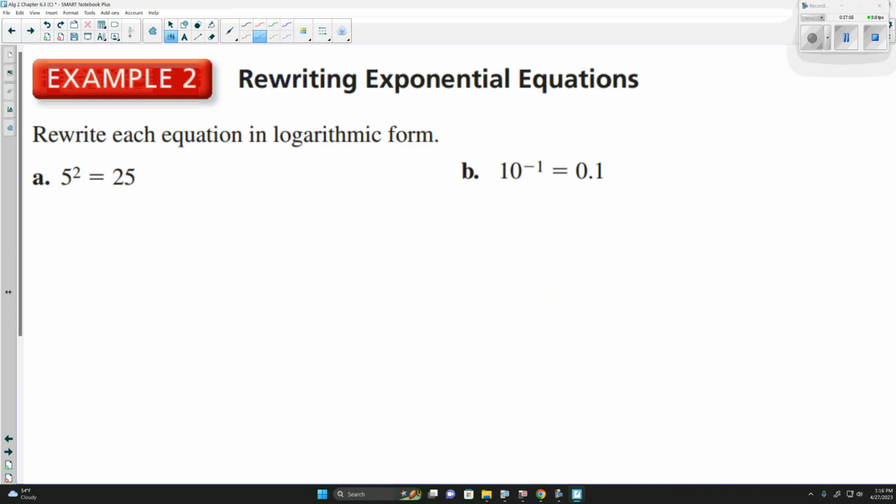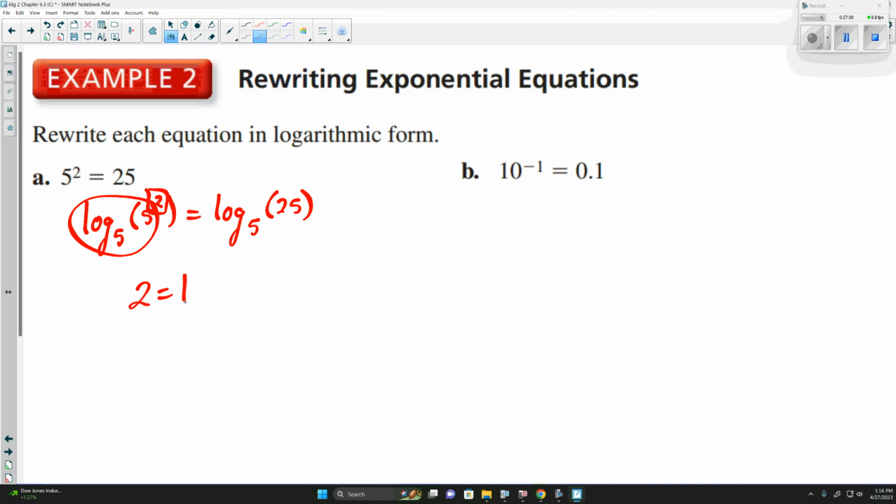Now, it is also true going the other way. Because here, 5 squared equals 25. If I apply log base 5 to both sides, here the base and what's inside are the same, yes? So they cancel out, leaving us with 2 is equal to log base 5 of 25.